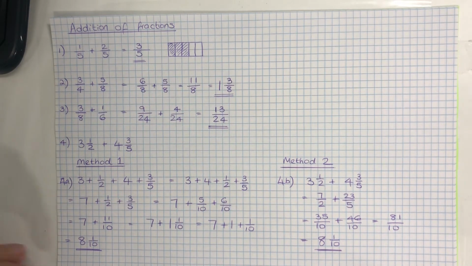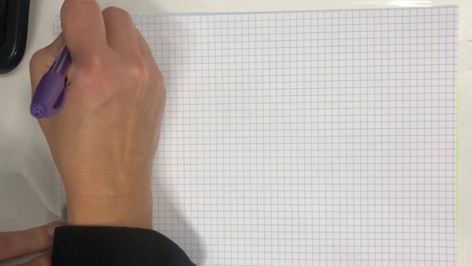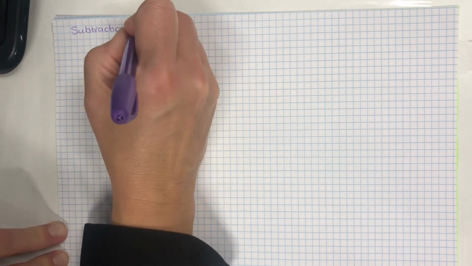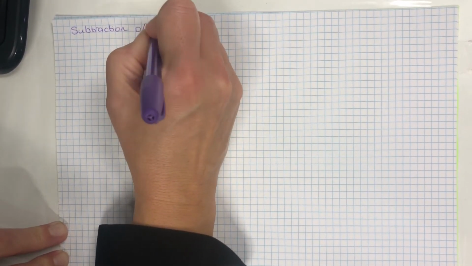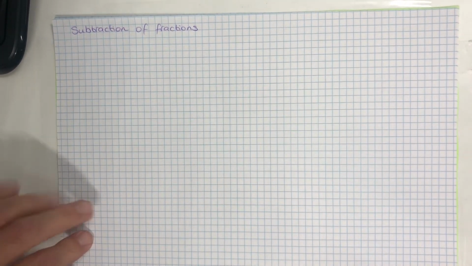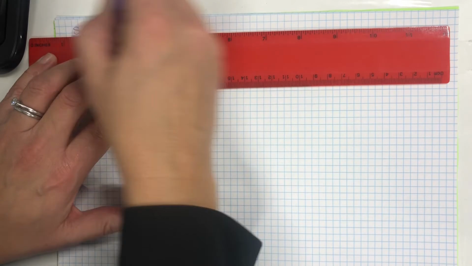Okay, let's quickly look now at some subtraction. It's very similar insofar as you need to have a common denominator before you can subtract one fraction from another. Okay, I'm going to keep the questions very, very similar to before.